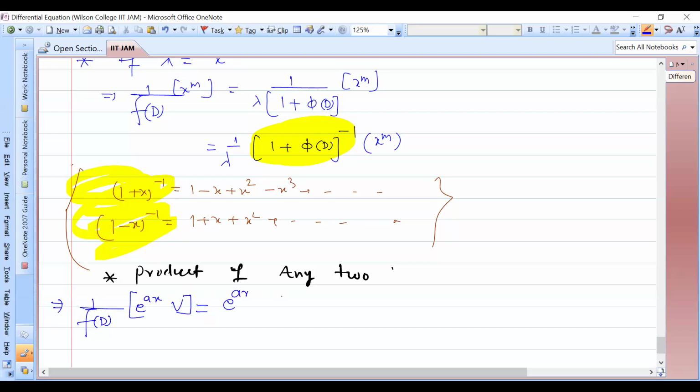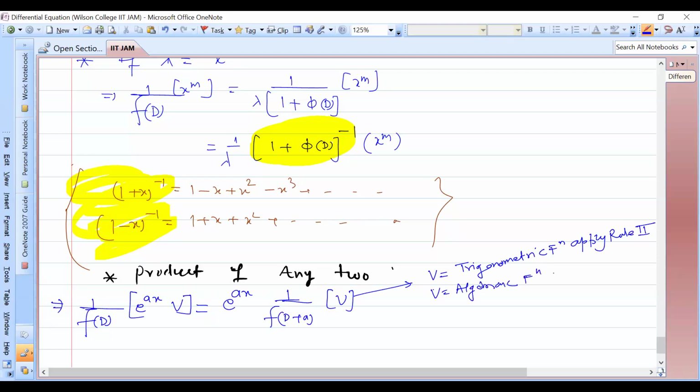So we write e raised to ax, f of D plus a into V. Later, if V is a trigonometric function, apply rule number 2. If V is an algebraic function, apply rule number 3.